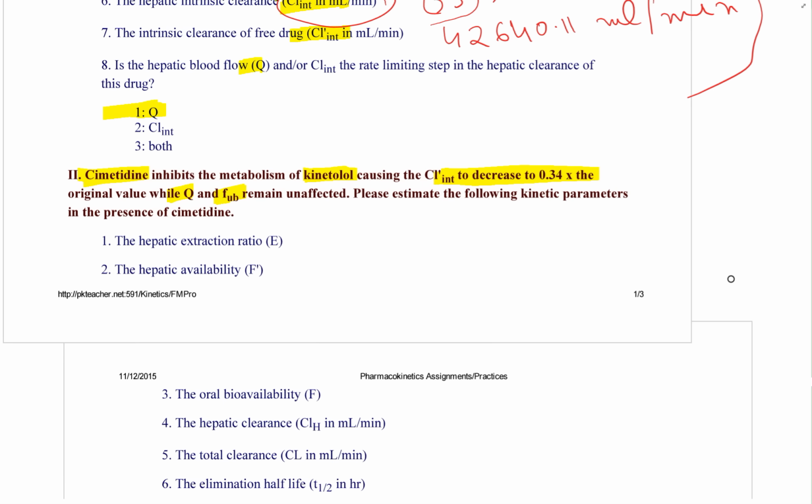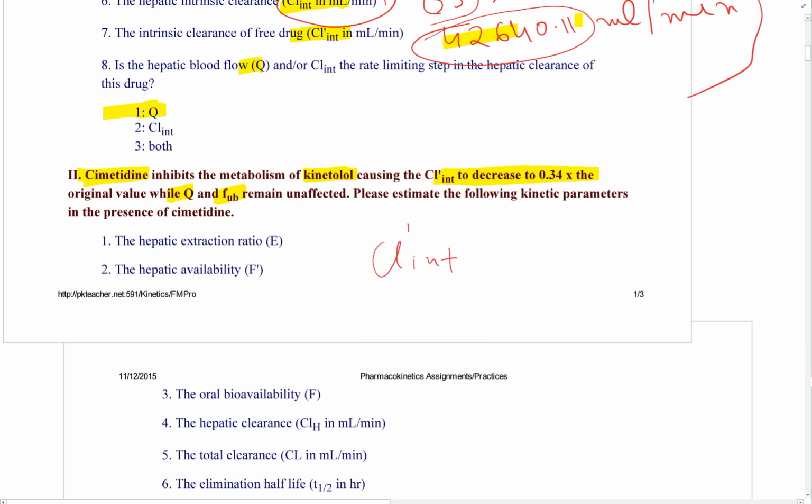To calculate, we first have to calculate our new CLINT prime. So our original was what? Original was this.